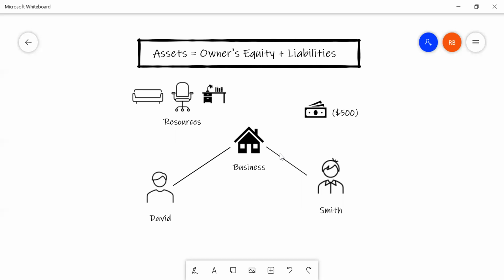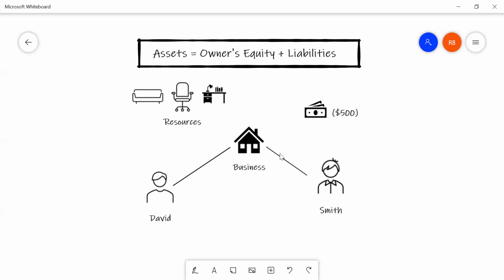Current assets are the assets with a useful life of less than one financial year. Examples: cash in hand, debtors. Non-current assets are the assets with a useful life of more than one financial year. Examples: furniture, equipment, land and building, motor vehicles, etc.